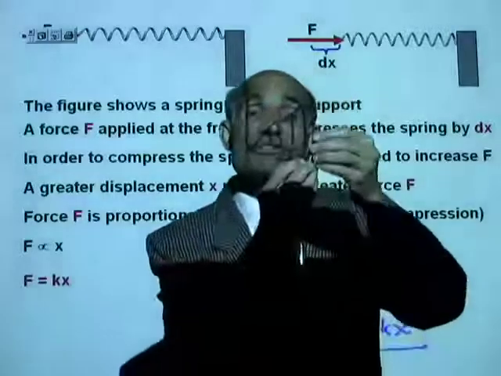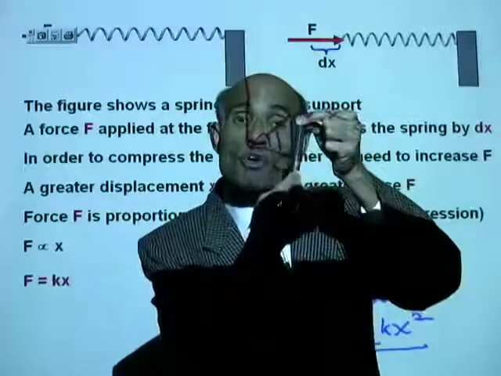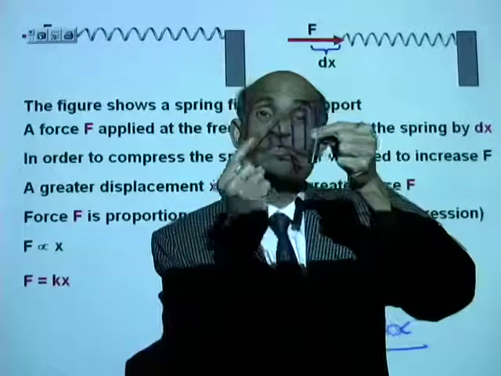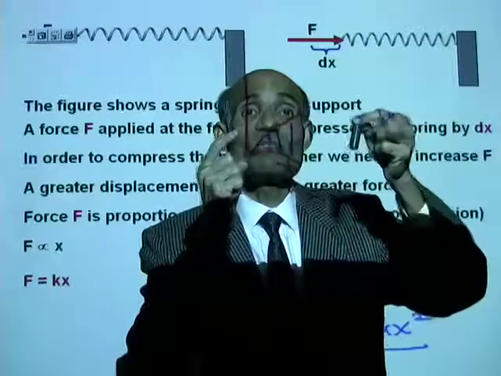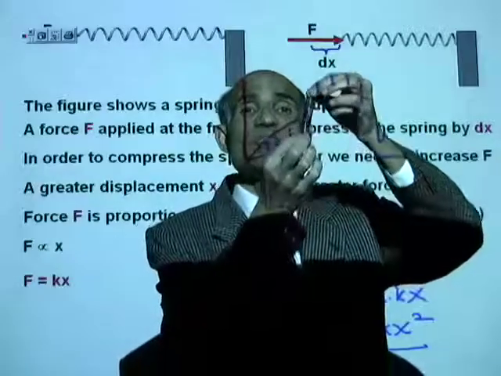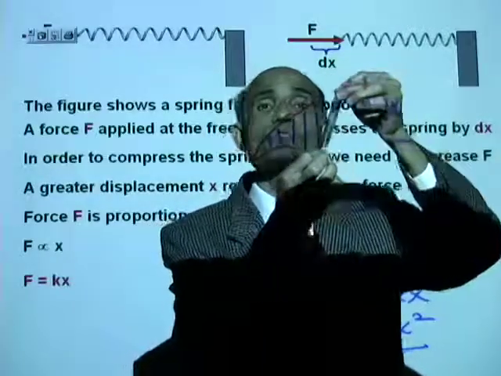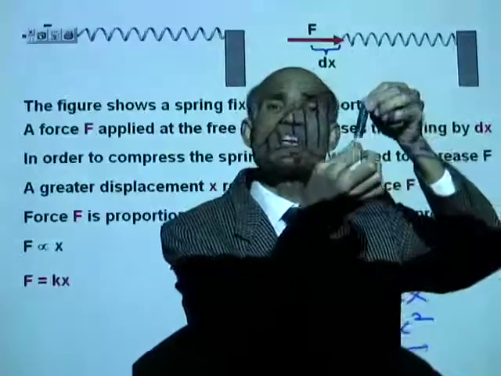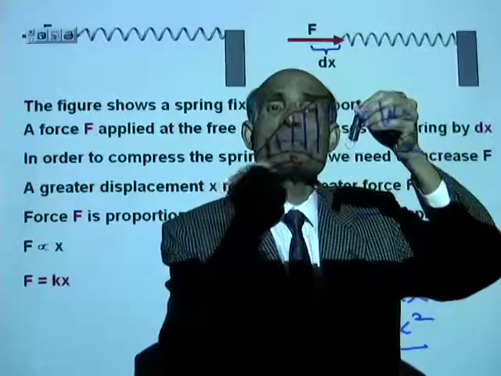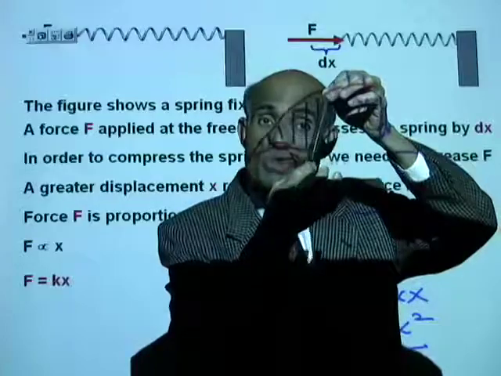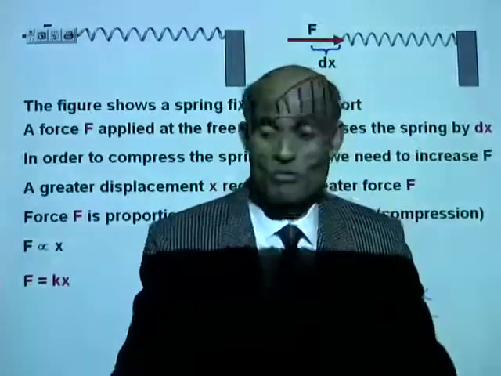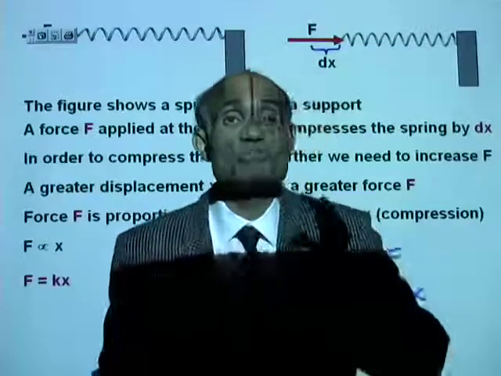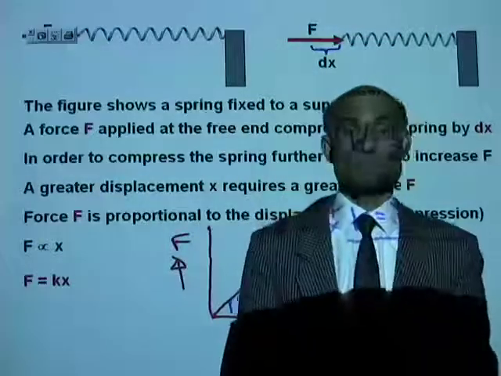It is a measure of the amount of force that is needed to stretch the spring by 1 meter. That is the value of K. Suppose I say the value of K for this spring is 30 Newton per meter. It means if you want to stretch this by 1 meter, I need to apply a force of 30 Newton. That is the meaning there.